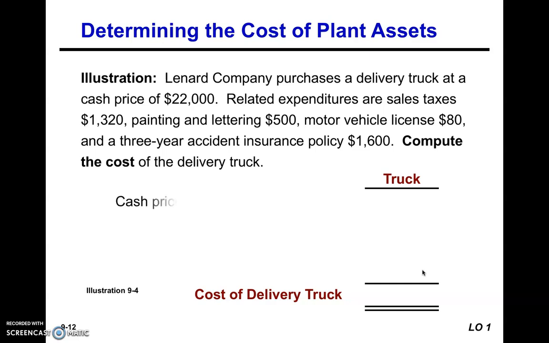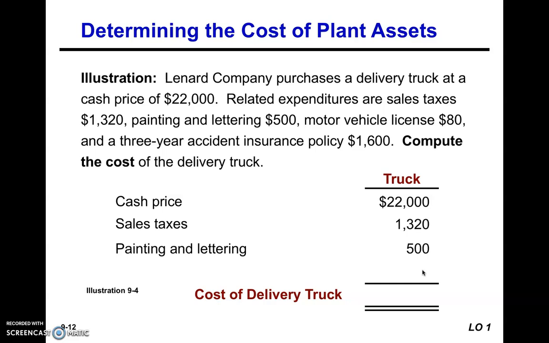So therefore, the cost of the truck is the cash price plus the sales tax plus the painting and lettering, and the brokerage. Actually, we didn't pay a brokerage fee. This is not land or equipment. So the cost of the delivery truck is $23,820.